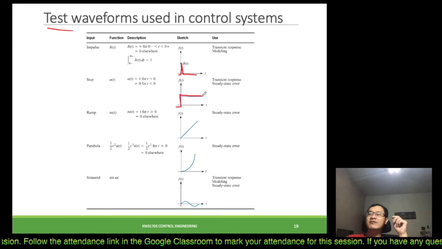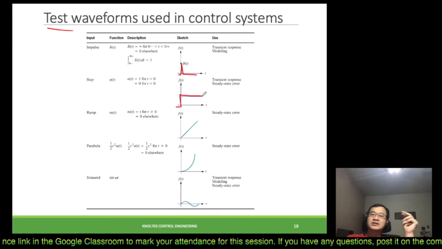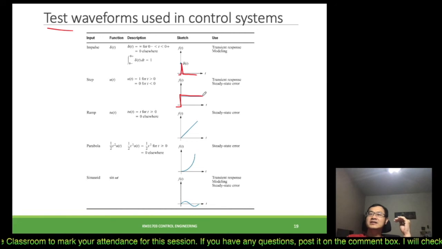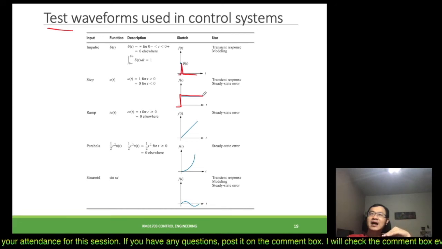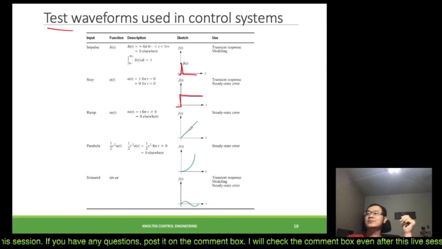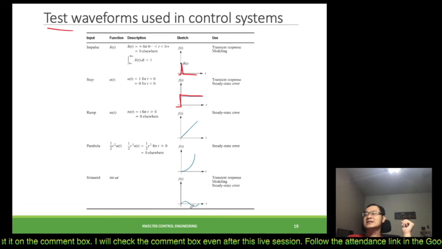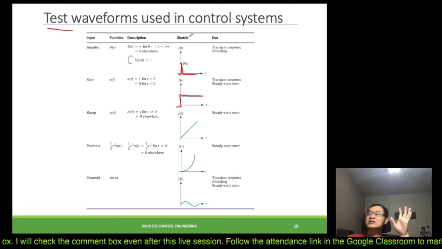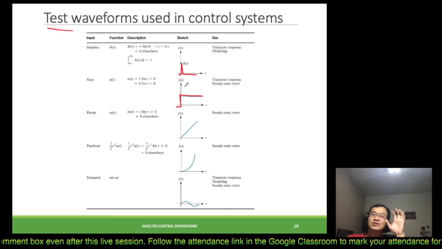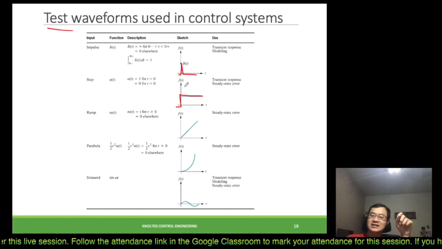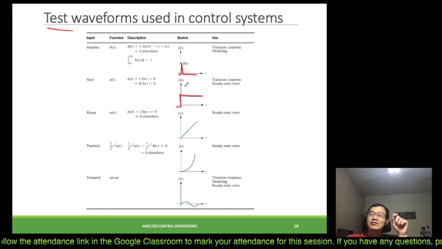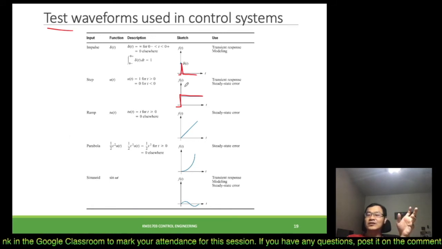That's why I've mentioned step response is important, how it would respond to a step input, a ramp input, a parabola input, and a sinusoidal input. Right, so this kind of input is in the mathematical form.